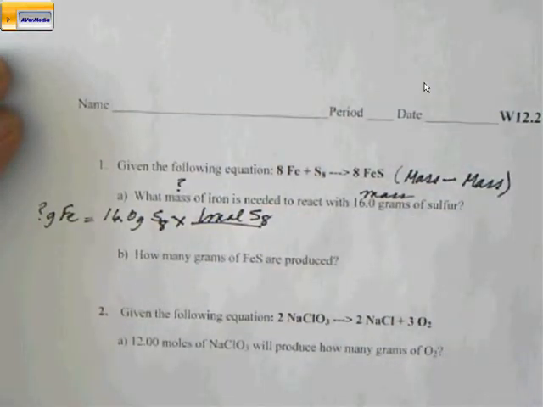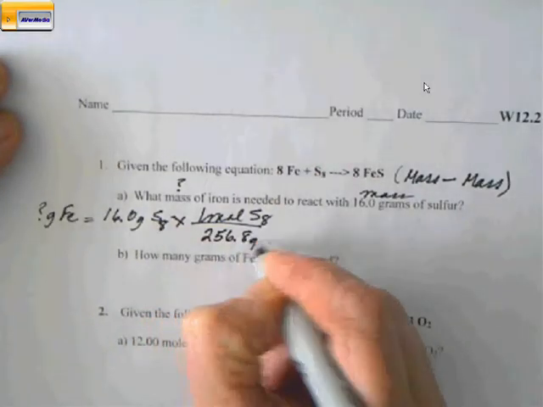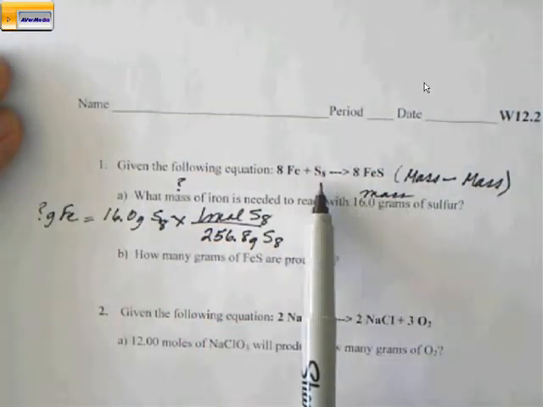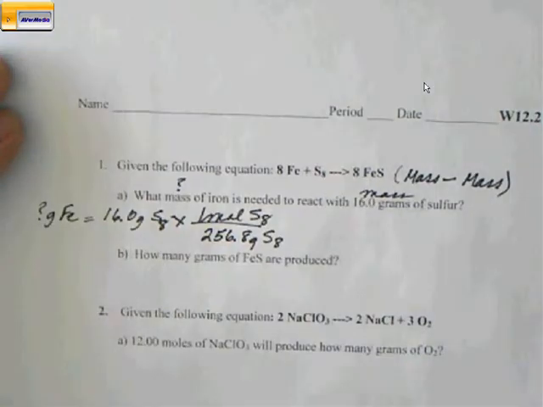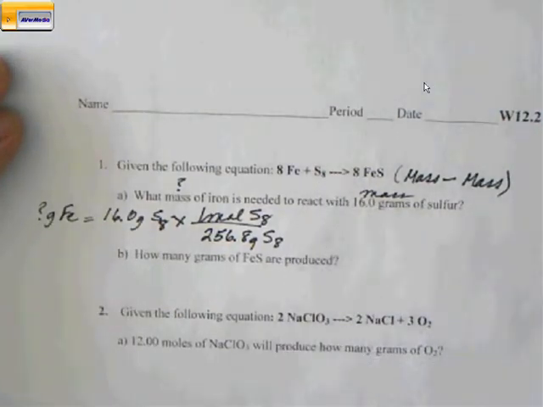Why did you multiply by 8? Because you'll notice in the formula it says S8. You have to use exactly what's in the balanced equation. So there are 8 sulfurs. That is one of the forms of the element sulfur, which bonds 8 atoms together. So I took 32.1 and multiplied by 8.